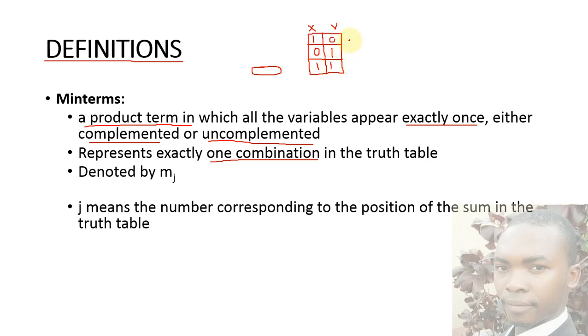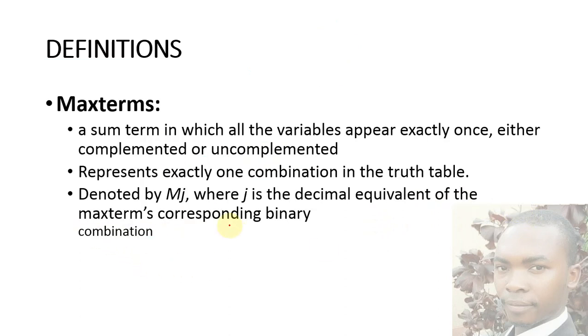So the canonical form takes only one option in the table, and it is going to be denoted by mj. A j will mean the number corresponding to the position of the sum in the truth table. So we are going to look at this.